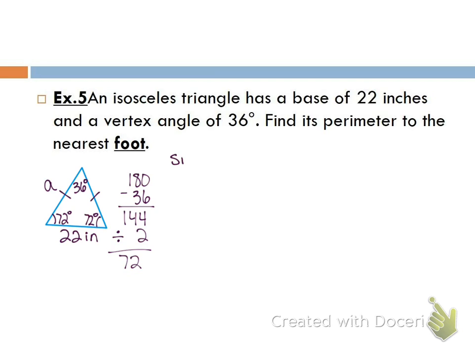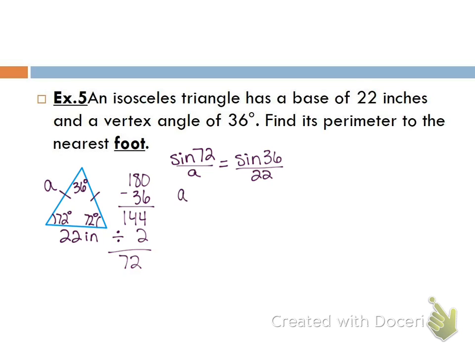Sine 72 over A equals sine 36 over 22. Very good. Now, if you had had sine 36 over 22 on the left, that would have also been fine. Either way, we should be getting the same cross products. Do we have questions about the setup on this?